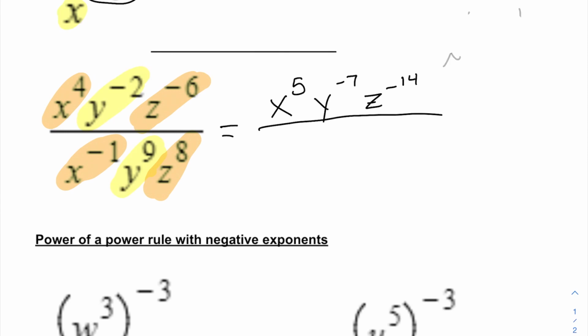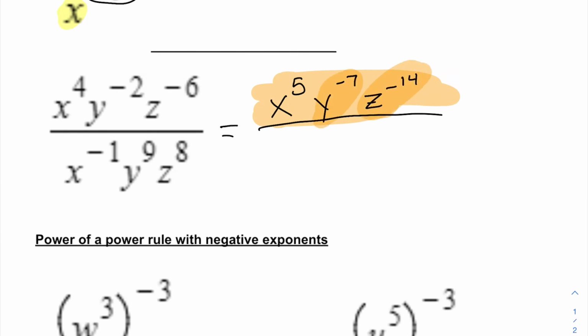Now what I want you to notice is that every time I did a subtraction problem, whether it was positive or negative, they all went on top of my fraction. We can change that up next. Now that we know we have some negatives, we'll change that up, but everything should go on top to start. Which means my final answer, the 5 for the x, is going to stay on top because that's not a negative.